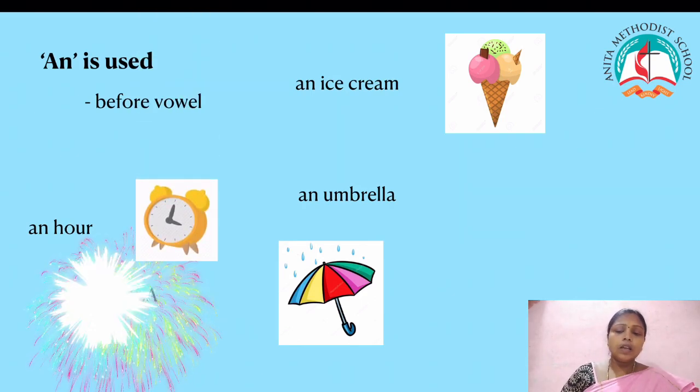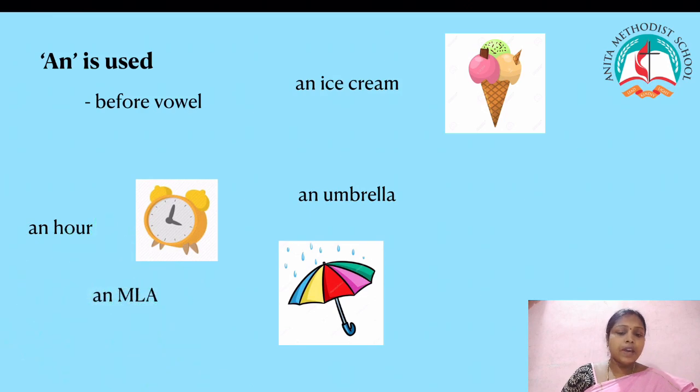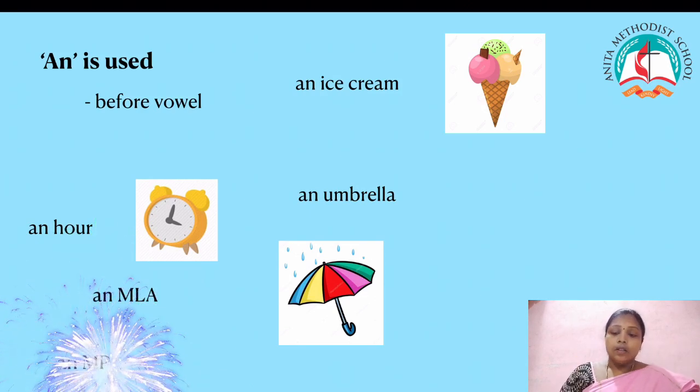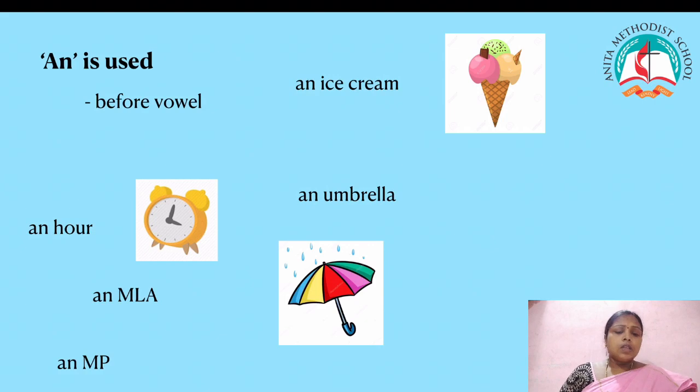Let's see the second rule for where to use an. Can you see the 2 examples I have given? An MLA and an MP. Here these 2 words give you a vowel sound. Previously I told you a is used before a consonant sound. An is used before a vowel sound.